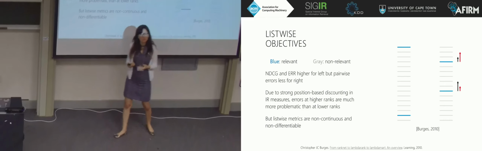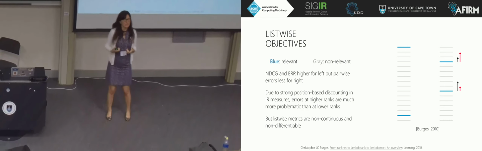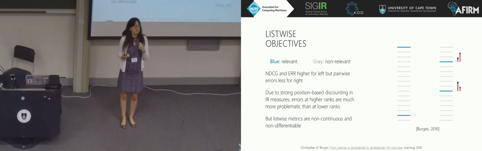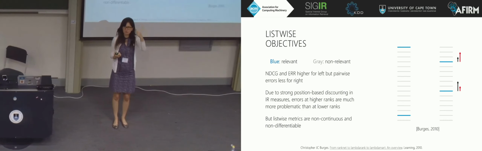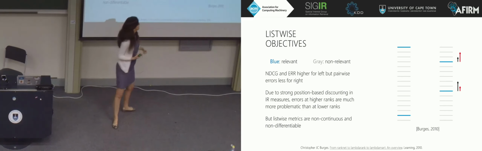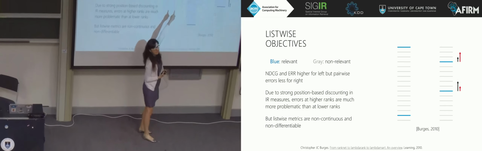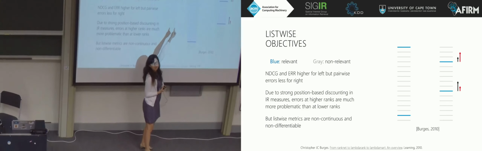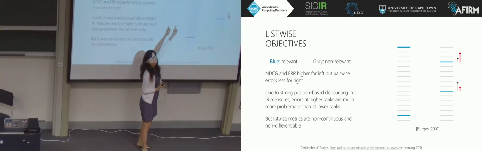Again, when you are doing learning to rank, usually the goal is to rank the most relevant items at the very top end of the ranking. The reason for that is that users tend to look at items from top to bottom, so getting this very top item right is really important.